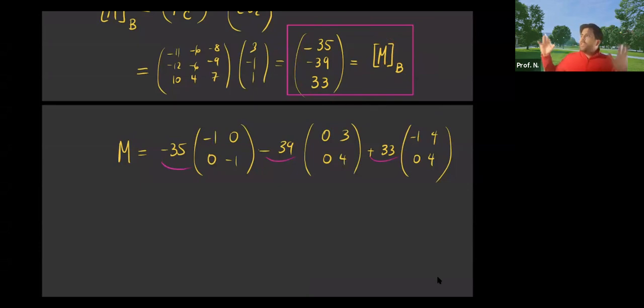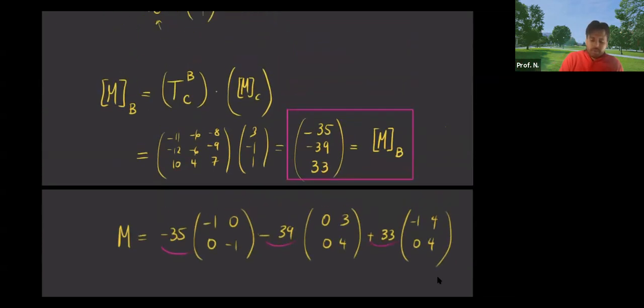You're in a space called V, which is a vector space, like a reality. But then you have different frames of reference. One of them is called B, the other one's called C. You're dealing with the same object, but with different frames of reference.